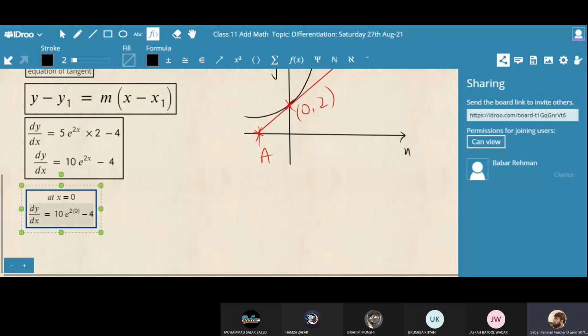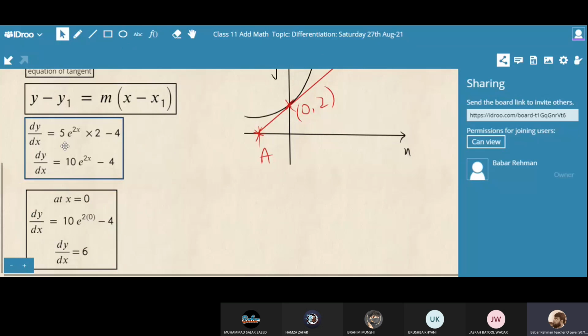Next step. Any number to the power 0 is equal to what? 1. So can I write 10 minus 4? What is 10 minus 4? 6. Okay.